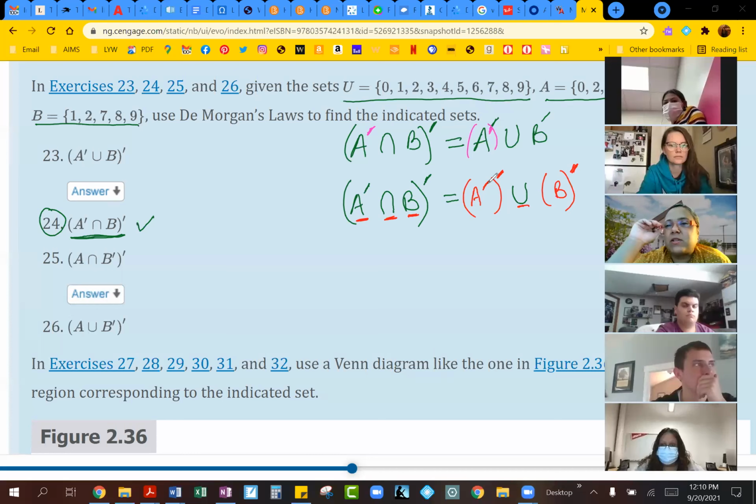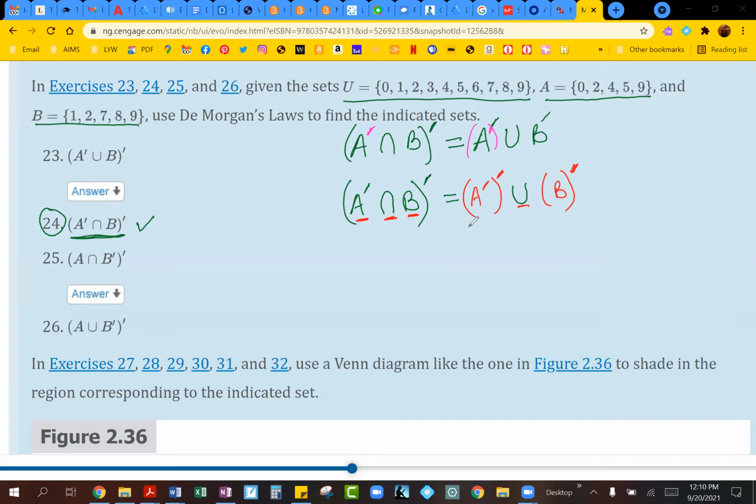Or in logic, we talked about the negation of an already negation. They cancel out. So you end up with your original set. Here, A complement of a complement will cancel out and just give you set A by itself, union with B complement. So that's how you're using De Morgan's law here. For number 24, you end up with A union B complement.